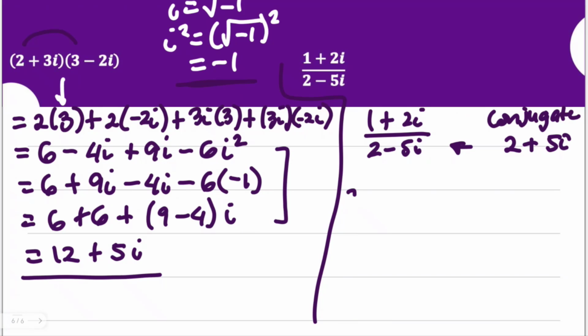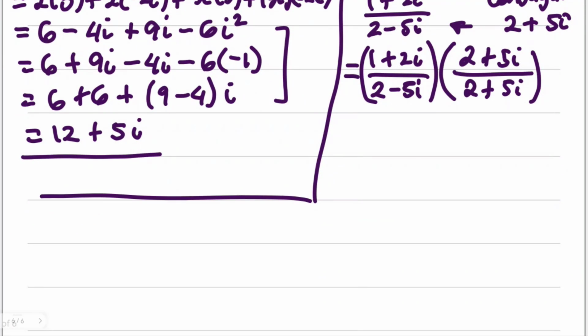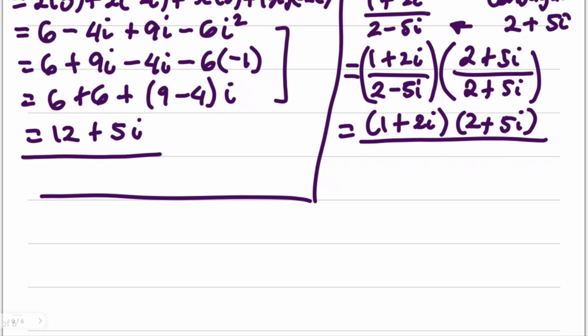Let me rewrite that. 1 plus 2i over 2 minus 5i times the conjugate of the denominator, 2 plus 5i. To make sure this is just equal to 1, the same thing is placed on our numerator. So you will have the product of 1 plus 2i and 2 plus 5i for our numerator, and for our denominator, 2 minus 5i and 2 plus 5i. So let's continue multiplying them.